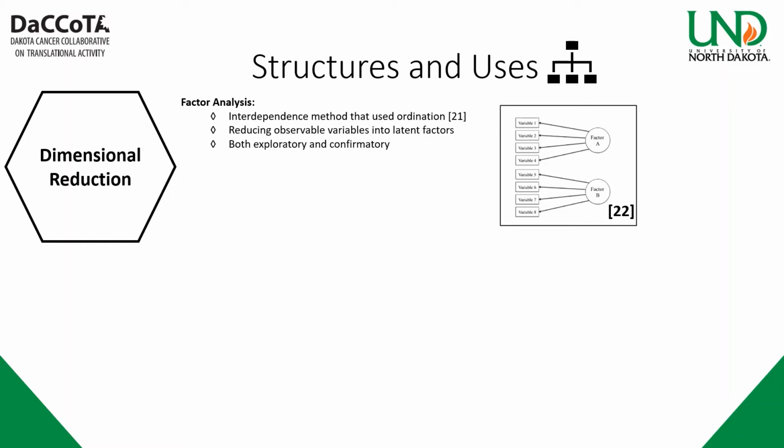Maybe you have a bunch of variables, but they're all really measuring this underlying hard-to-measure thing. Say this is IQ and these were a bunch of scores, and maybe this is sociality and this is a bunch of social metrics. That's what factor analysis is trying to do: boil all this information down into a simpler form. And this can take the form of both exploratory, looking at your data, and confirmatory, trying to confirm a schema.